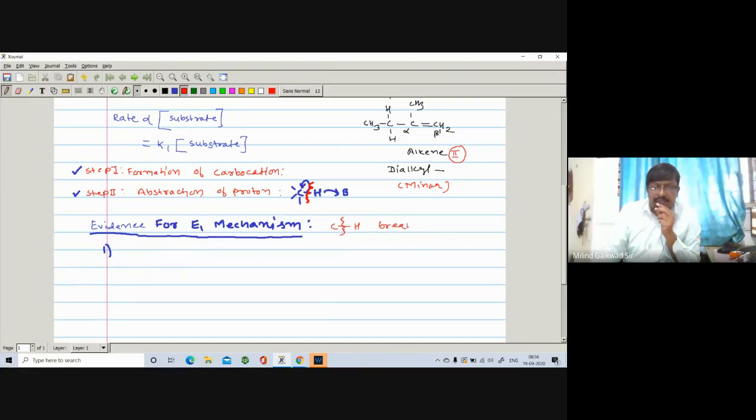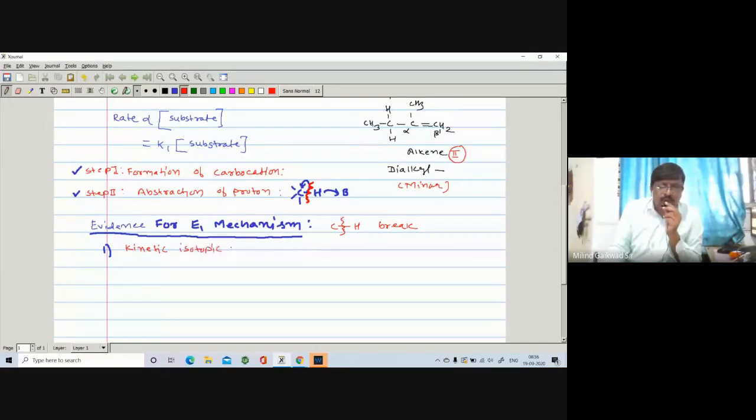And it can be explained by the kinetic isotopic effect. First evidence, kinetic isotopic effect.